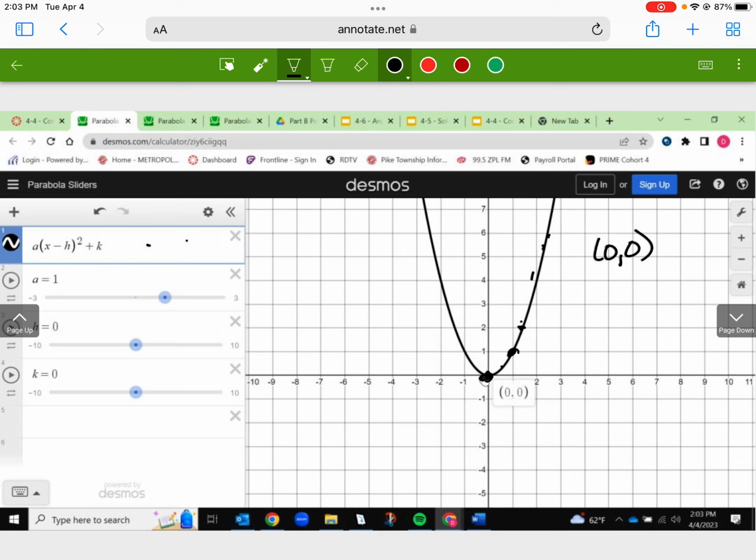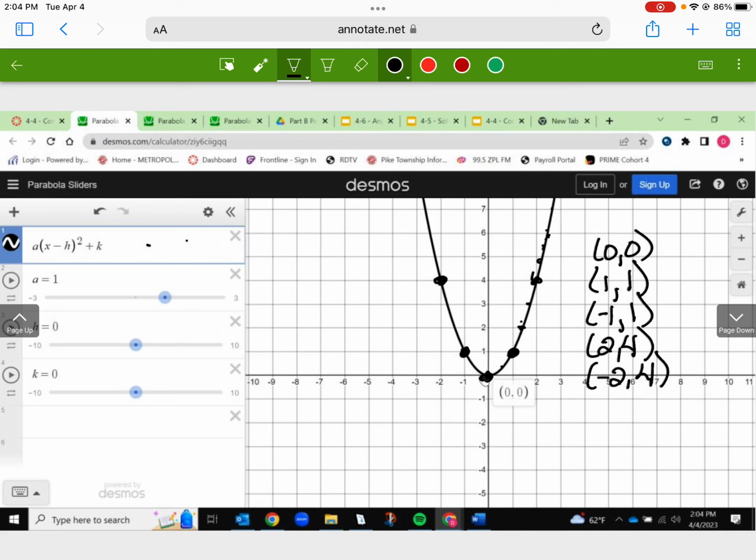But as you look at it, 1, 1 is also a point, right? −1, 1 is a point. 2, 4 is a point. And you're supposed to be listing 5 of these. And −2, 4 is another point. Okay, so there's 5 points. And if you hit anywhere on here and if your Desmos is still working, you can pick any other points on that graph. All right?